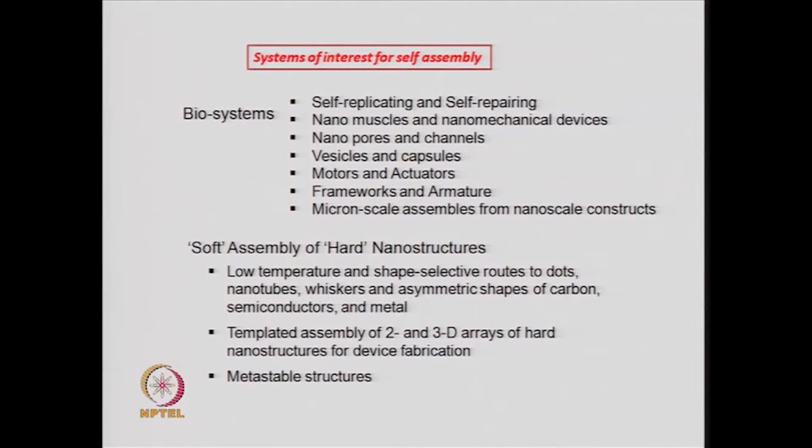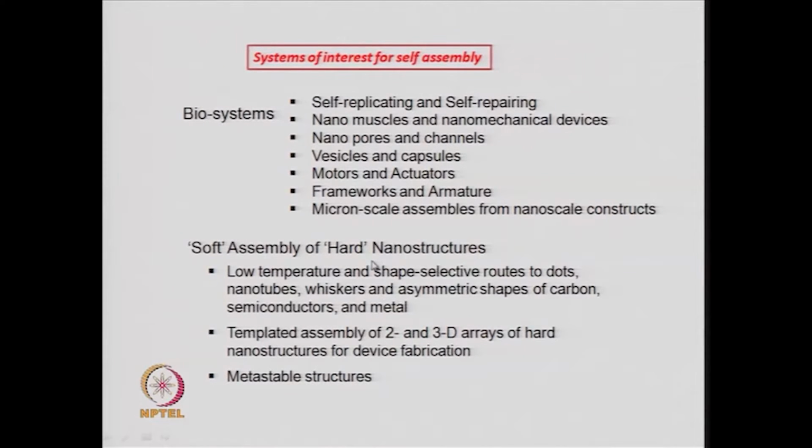The soft assembly like low temperature and shape selective routes to dots, nanotubes, whiskers and asymmetric shapes of carbon based materials. There can be semiconductors and they can be metals. So, hard nanostructures means something, say a carbon material or cadmium sulphide, cadmium selenide, which are semiconductors.